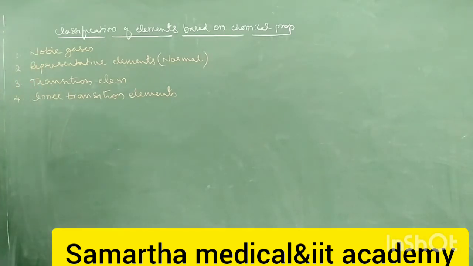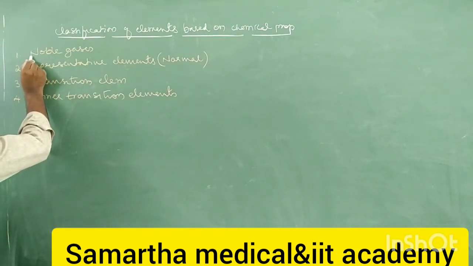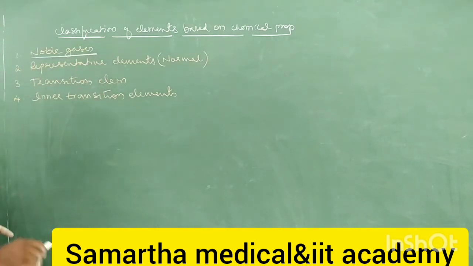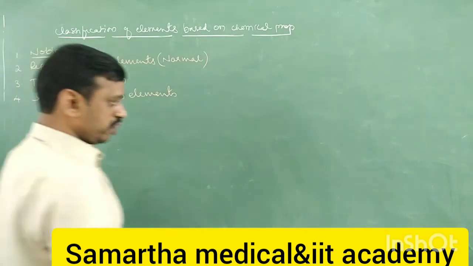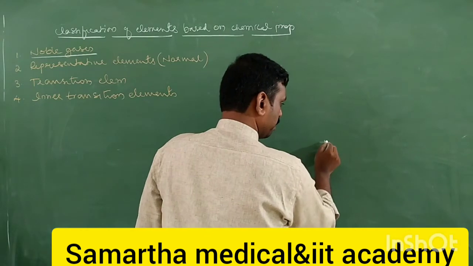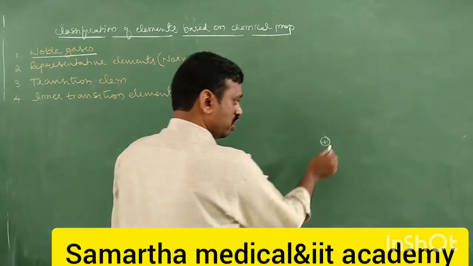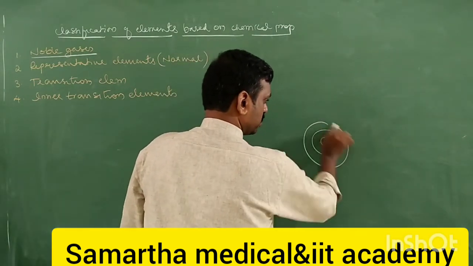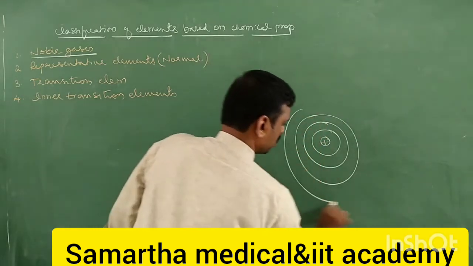Now here, in all these 4 classes, one important point to remember is about electron filling. We have studied valence shell, penultimate, antipenultimate. It is a nucleus, first orbit, second orbit, third orbit, fourth orbit.